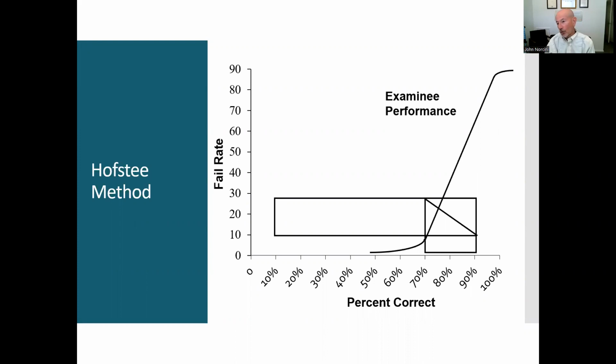And what those two lines end up doing is identifying a box. And basically the diagonal line along that box is a compromise between those two. And what you end up doing is graphing examinee performance, which is that cumulative ogive that runs through the box.